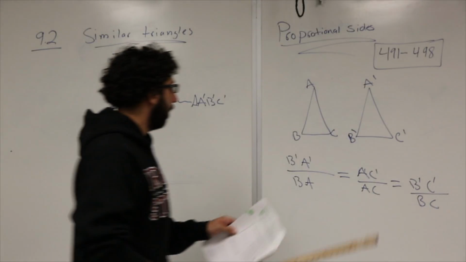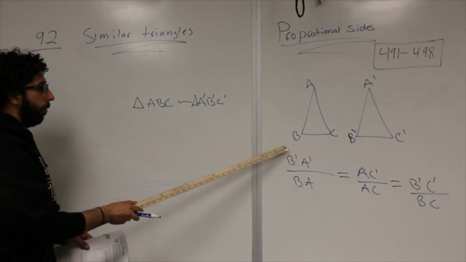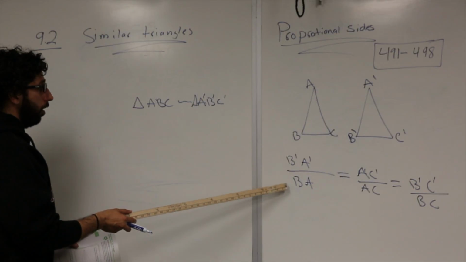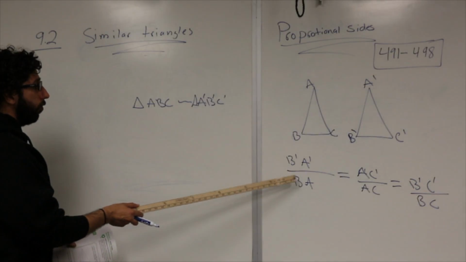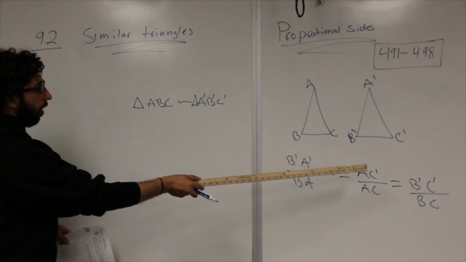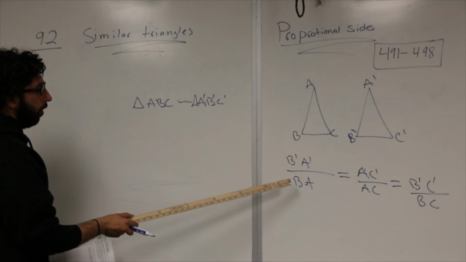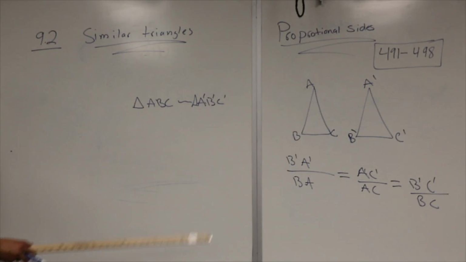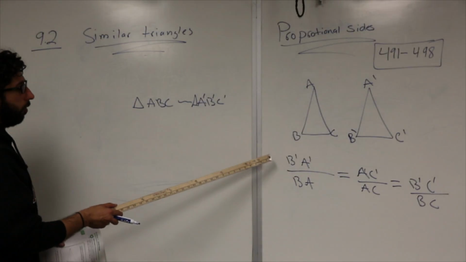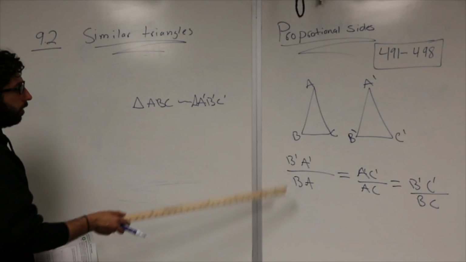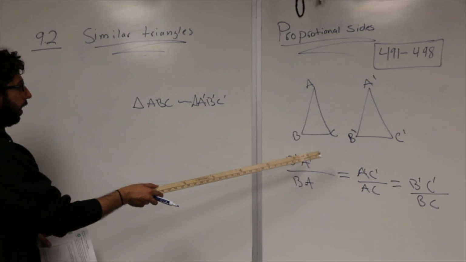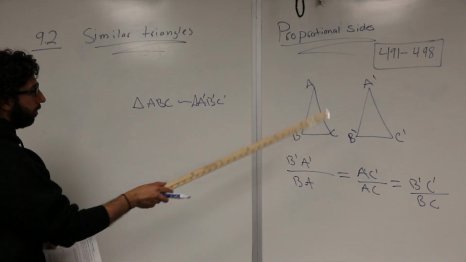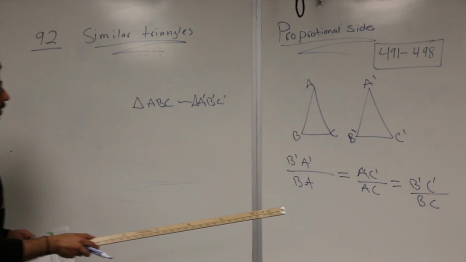Now, B apostrophe A apostrophe is over B and A, and it's done on all of them. So B'A' over BA, but the top one is the one with the dilated one. Now, these are proportional sides, and it's telling you that B'A' over BA is equal to the dilated A'C' over AC is equal to the dilated B'C' over the regular original BC. Okay?